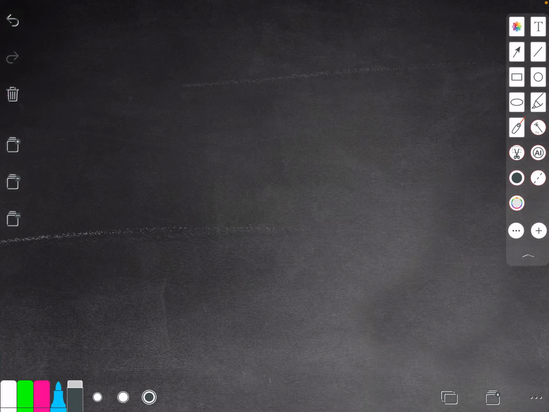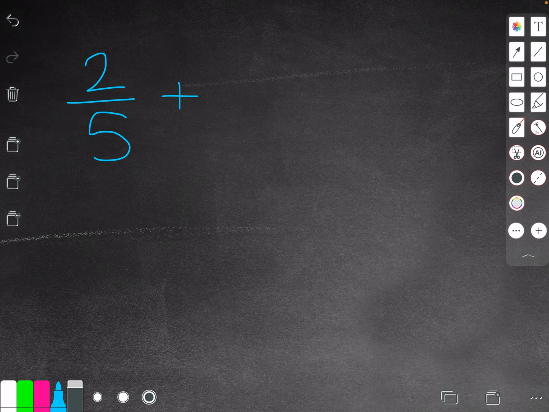Let's say, for instance, we were talking about a fraction like 2/5, and we were trying to add it together to 4/10. This is something that we cannot do because our pizzas are not cut into the same size pieces, so we can't put them together.